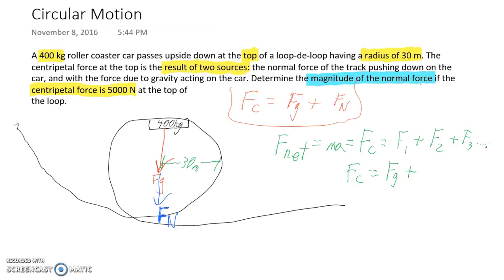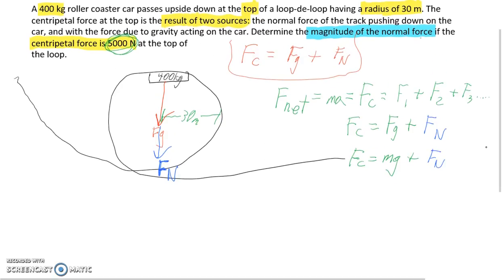Fn. We know Fc, it's given to us over here. Let's just circle that again. Fc is 5,000. Fg, well, actually we don't know it yet. Let's write that out more simply. Fc equals, what's Fg? mg plus our little Fn. Now let's move this down a little bit.